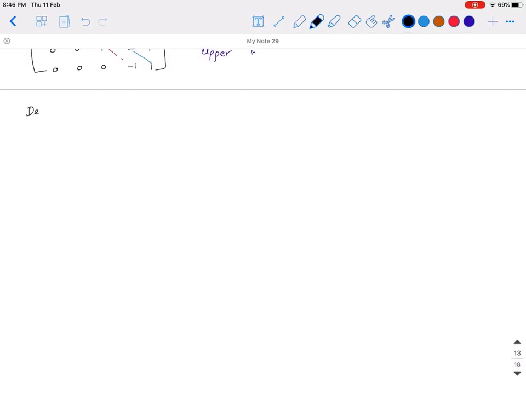Let us denote a general tri-diagonal matrix as follows.